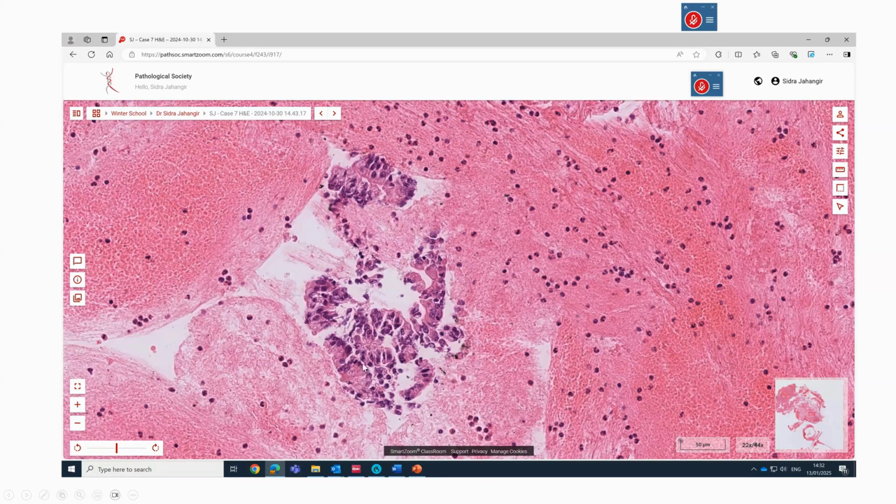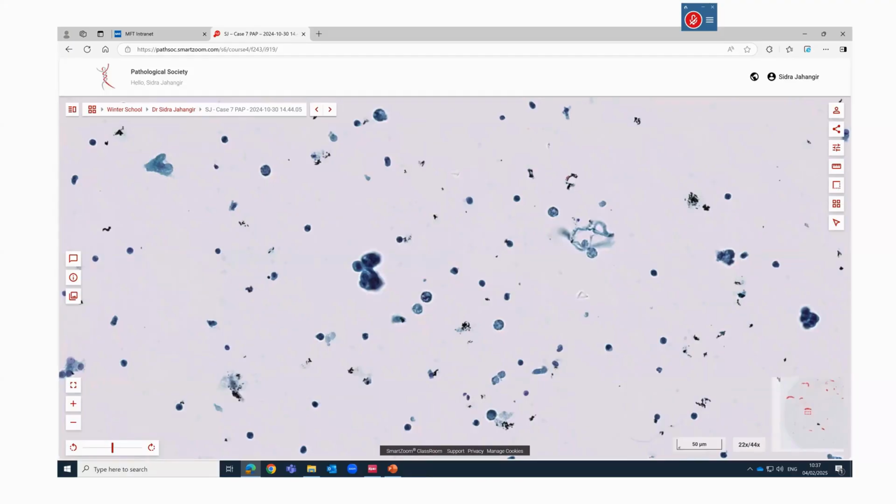So this is the PAP stain, and here you can also appreciate that there is a mild atypia, some nuclear rounding, and some overlapping. A few are still maintaining their polarity, but something is going on. It doesn't look like a normal thing. And considering the dilated duct, there is a clinical impression and clinical differential diagnosis of IPMN or MCN. Because the patient is male, MCN is slightly lower in differential diagnosis.